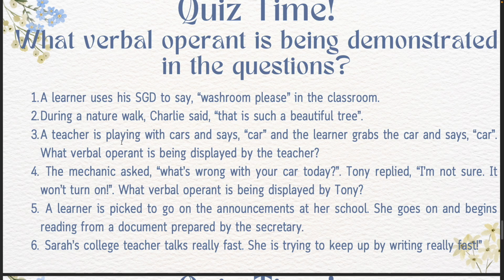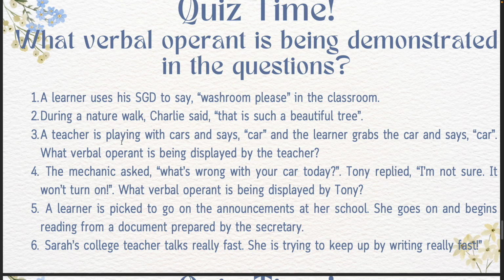Number 5, a learner is picked to go on the announcements at her school. She goes on and begins reading from a document prepared by the secretary. What verbal operant are we looking at here? All right, everybody. So for number 5, we're looking to see, well, what exactly is she doing, right?